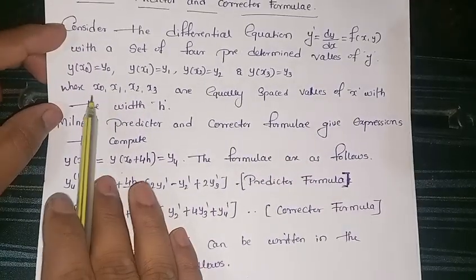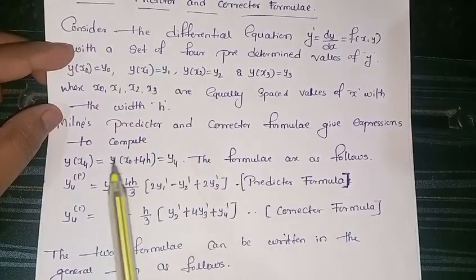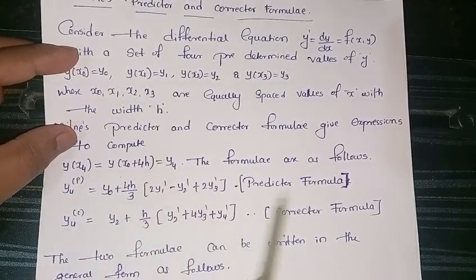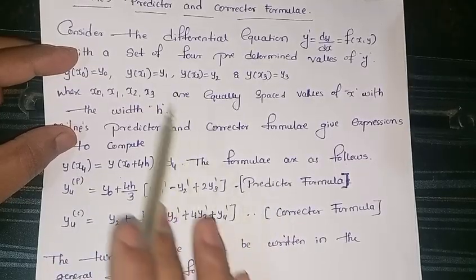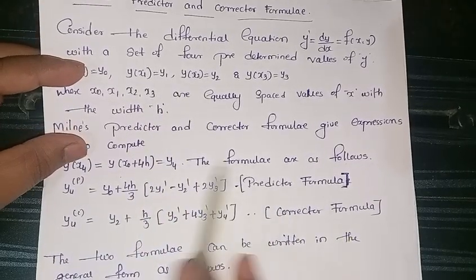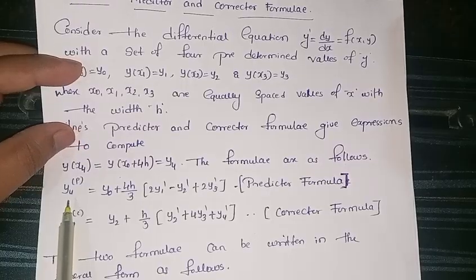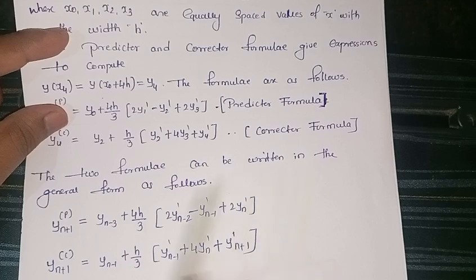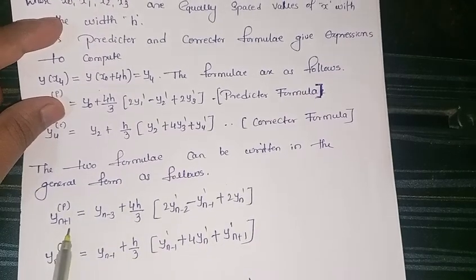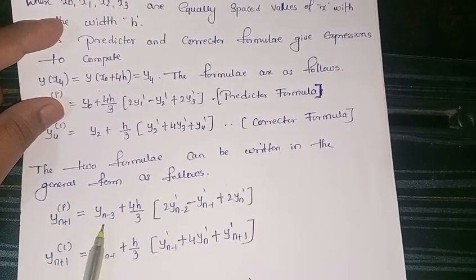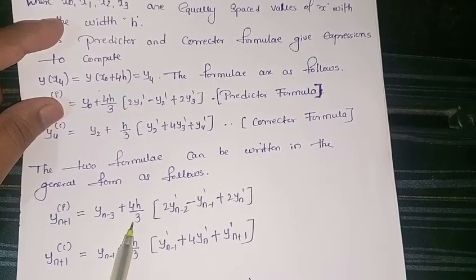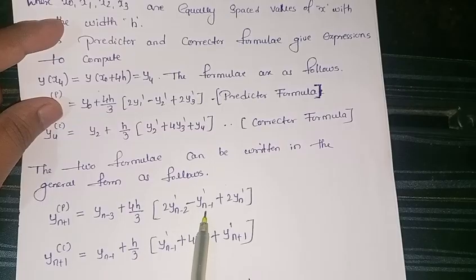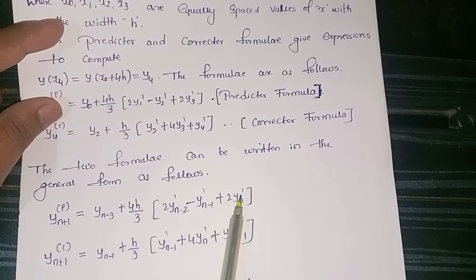Now x0, x1, x2, x3 are countable or limited values, which is why we have written this formula for those limited values. We can also generalize this predictor corrector formula for n values. The general form is y(n+1) of p equals y(n-3) plus 4h by 3 into 2y(n-2) dash minus y(n-1) dash plus 2yn dash.